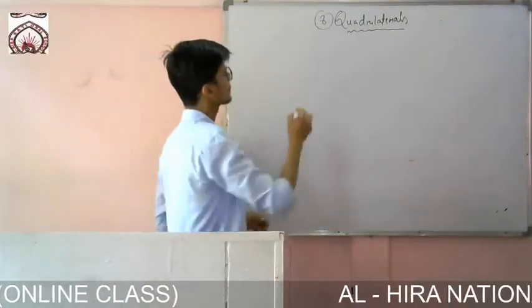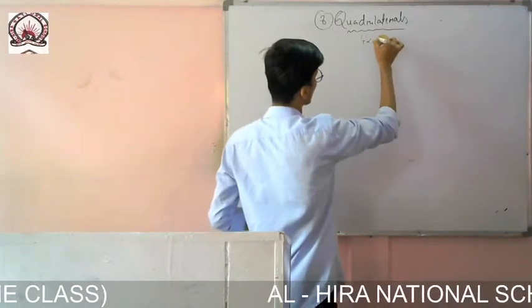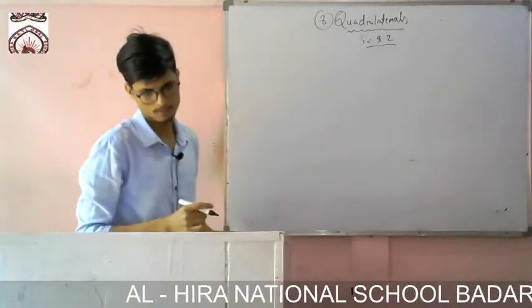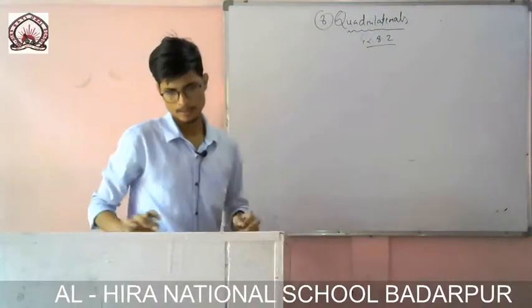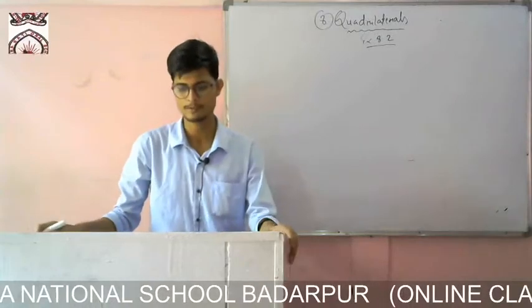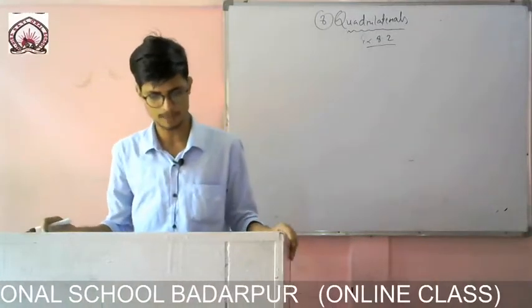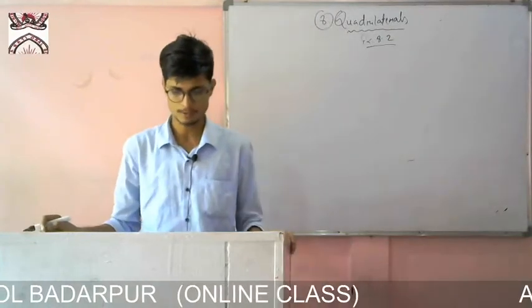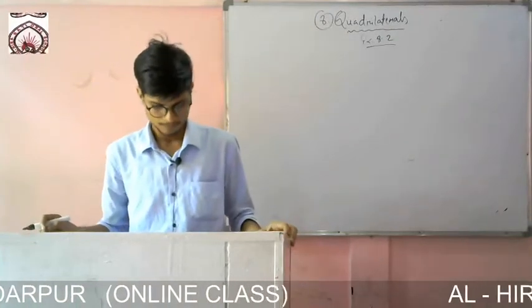Exercise 8.2, the first theorem, midpoint theorem. It is like this, that the line segment joining the midpoints of two sides of a triangle is parallel to the third side and equal to half of it.